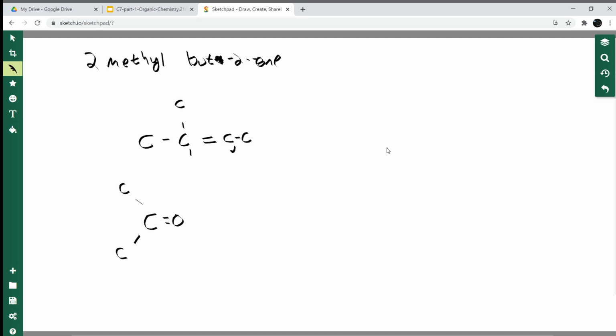Carbon 2 only has one R group, okay? Which means that it's going to go ahead and form first an aldehyde, and then it will go ahead and form a carboxylic acid.